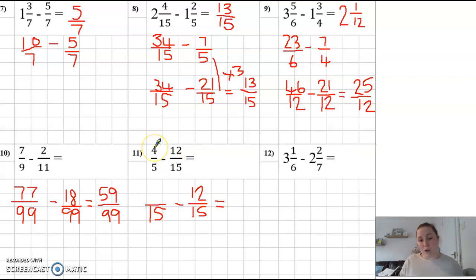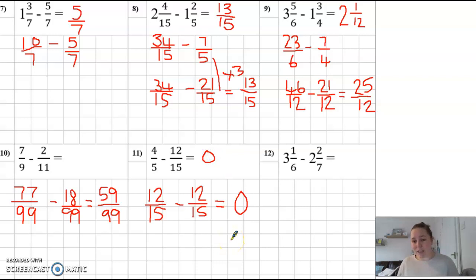So I ask myself, 5 times what is 15? 3. So then 4 times 3 is 12. So I've got 12/15. Take away 12/15. If I take them all away, I'm going to have 0. So that's my answer, 0 for that one.